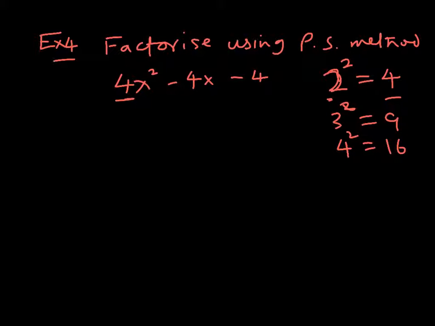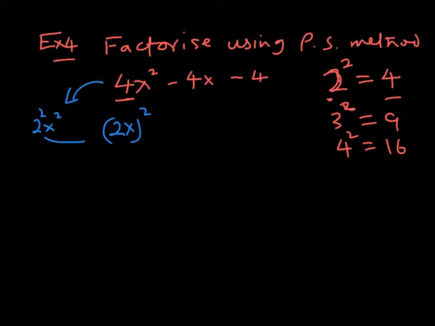So when you look at the first number, if it does not appear to be a perfect square, then you go ahead and factor it out. Here we're not going to factor it out, we're going to write it differently. We're going to write it as 2x squared, because you remember 4x squared is the same as 2 squared x squared.